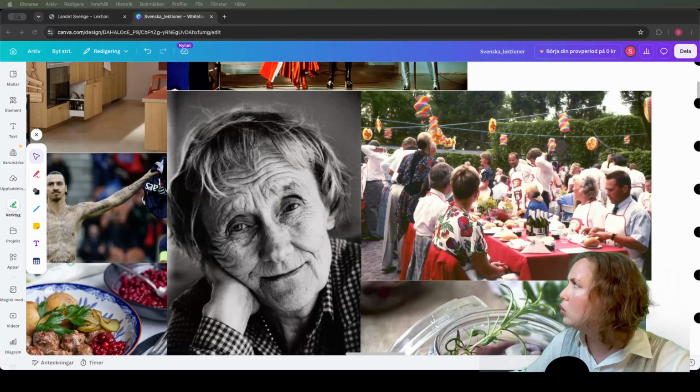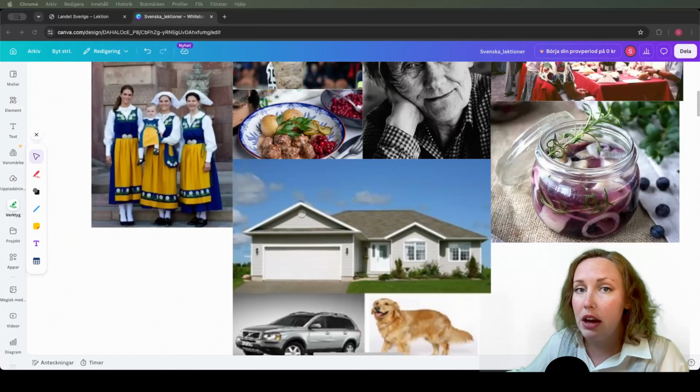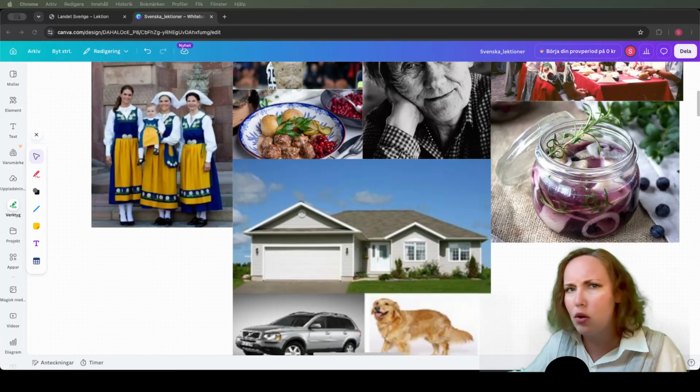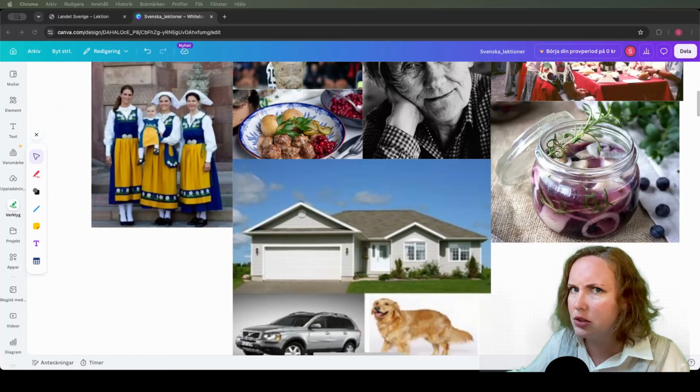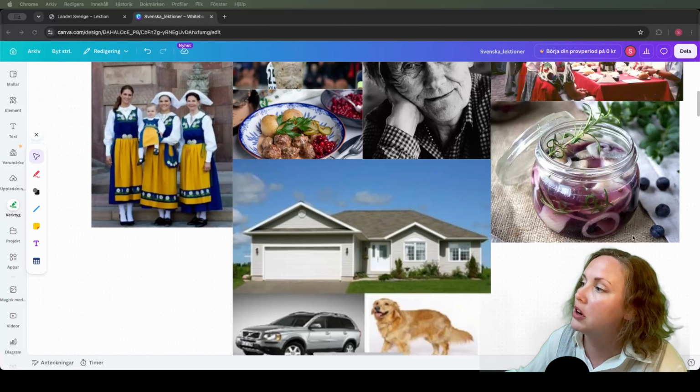We have an old, wise-looking person and some kind of party or dinner. We have a bowl here of something, a glass bowl. Looks decorative and cool. Not sure how delicious it is, what's inside there. Got some blueberries lying outside. Possibly red onion, possibly some kind of food in there.